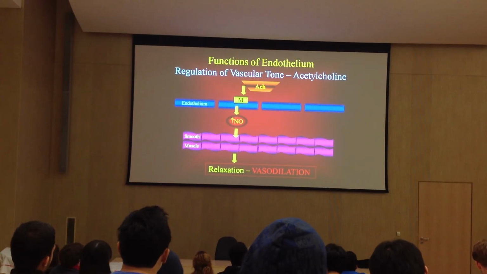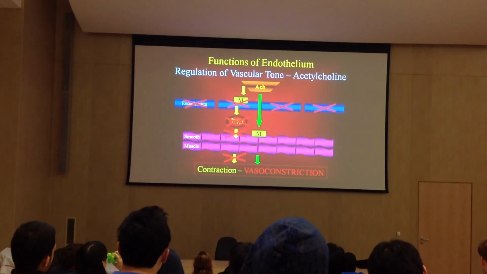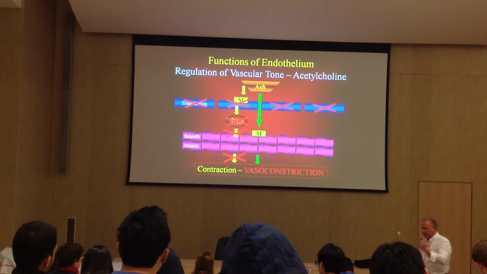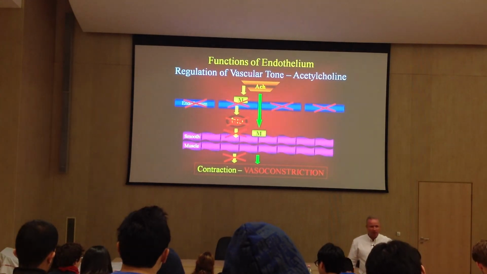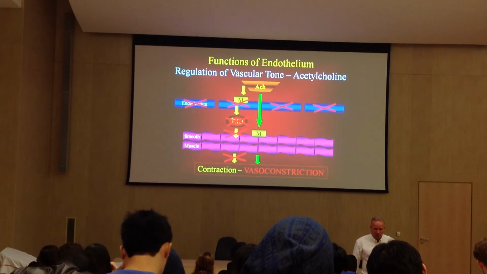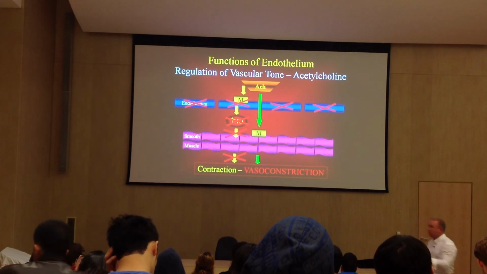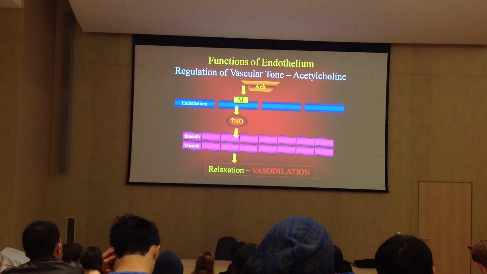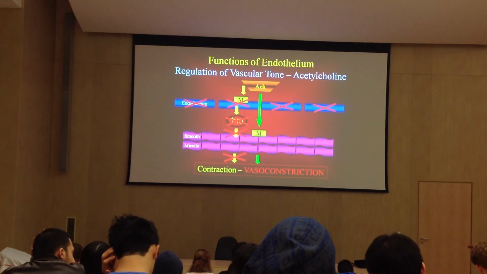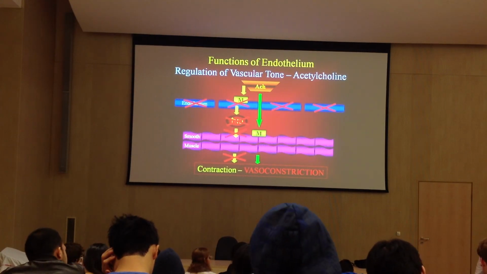Well, what if you remove endothelium? What if there is a damaged endothelium? What if there is an arteriosclerotic endothelium? Then acetylcholine now has a chance to bind where? The muscarinic receptor on the smooth muscle cell. And we learned together that the muscarinic acetylcholine receptor in the smooth muscle cell can initiate contraction. But this one is no longer vasodilation, it is vasoconstriction. So healthy endothelium, acetylcholine vasodilating. Damaged or missing endothelium, acetylcholine is contracting, vasoconstriction.